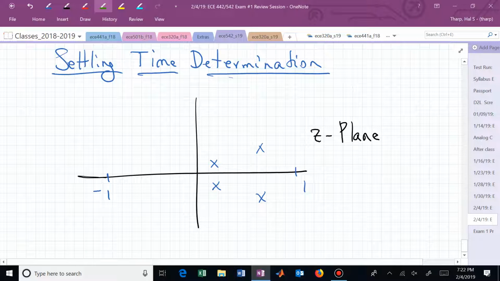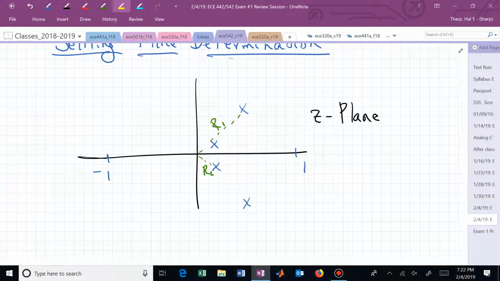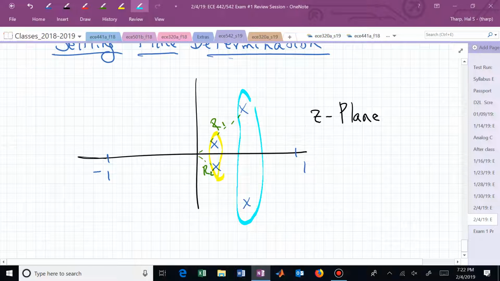So let's say that these are, maybe I should have made these a little bit different angles. Suppose that this is R1 and this is now R sub 2. Again, I can circle that complex conjugate pole pair and I can circle that.